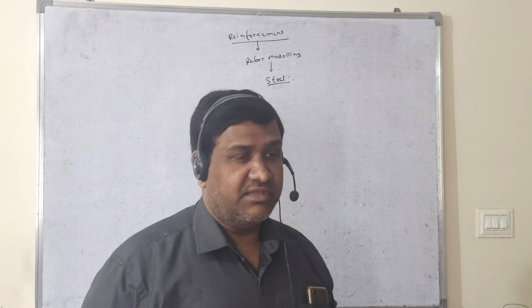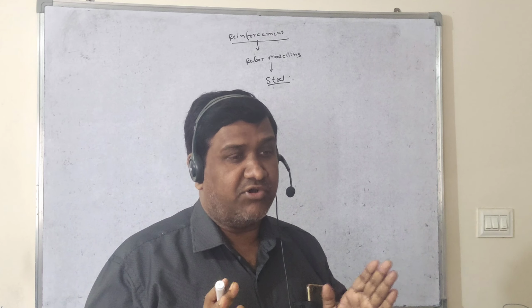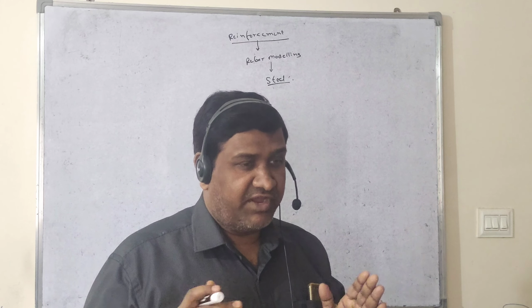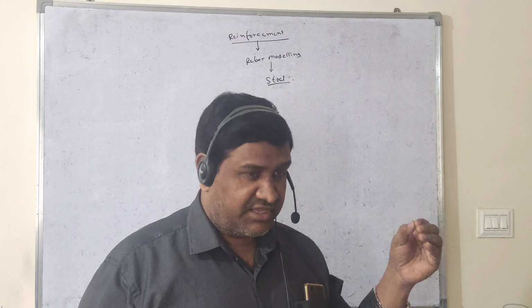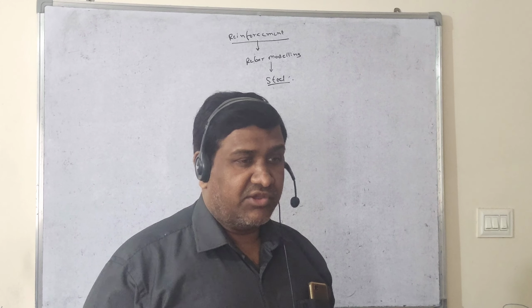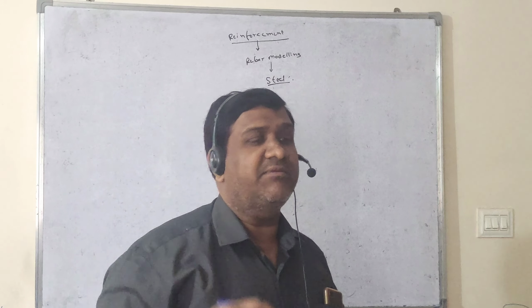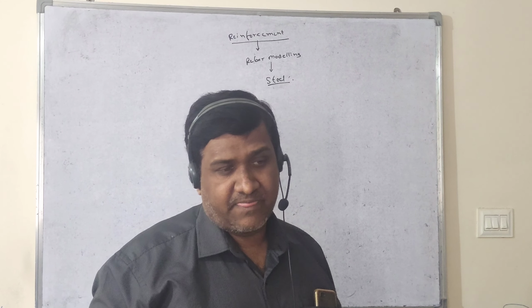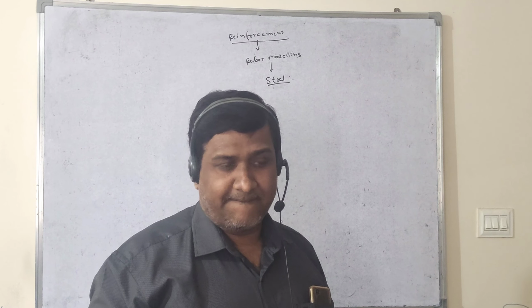Because as per your model preparation you got some 15 tons, the weight you required, this rebar, this size, this shape. So only that 15 tons he will purchase. Why would he purchase more? It's a waste of money.